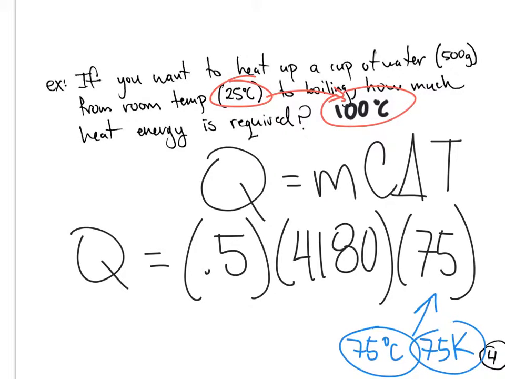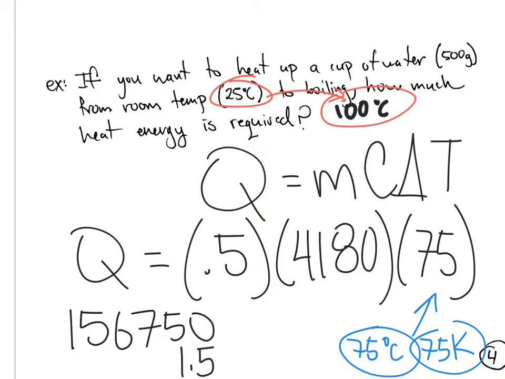So after we multiply, let's see, calculator says 0.5 times 4180 times 75. Our calculator is giving us a lot of significant figures based on our original information, so maybe we would just say something like 1.57 times 10 to the 5 joules.